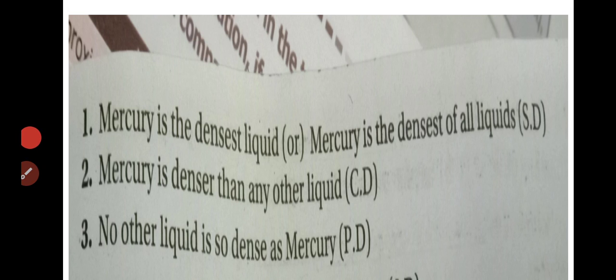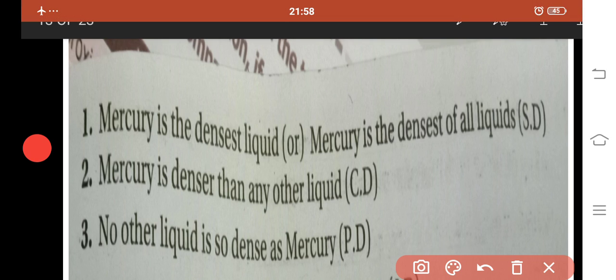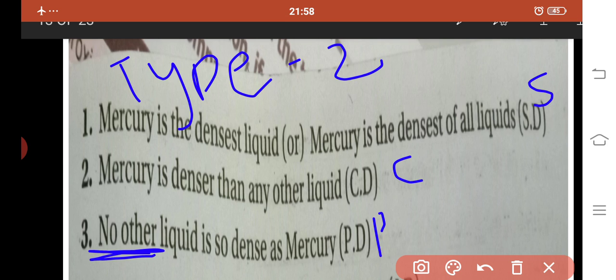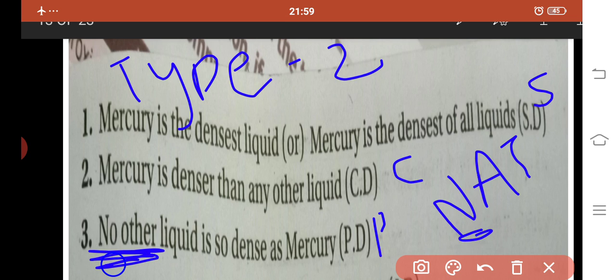Here we have the positive form. Positive, comparative, superlative. Here we have no other. So this is type 2. So we are using the NAT method. The N represents no other, A for any other, T for the.